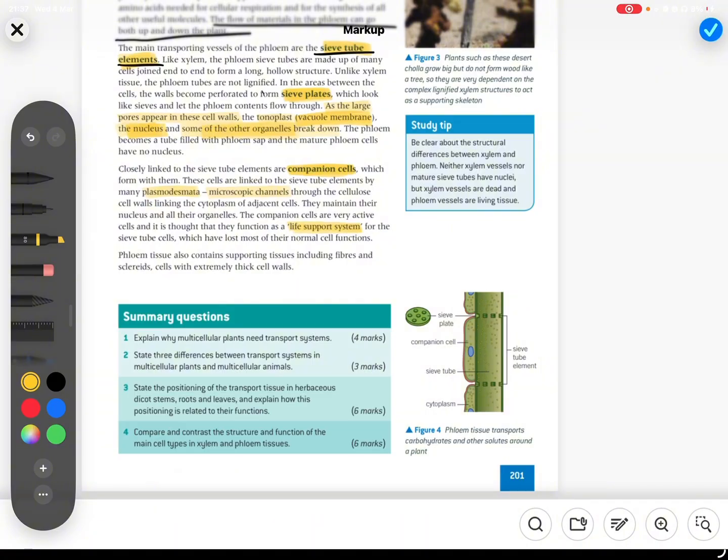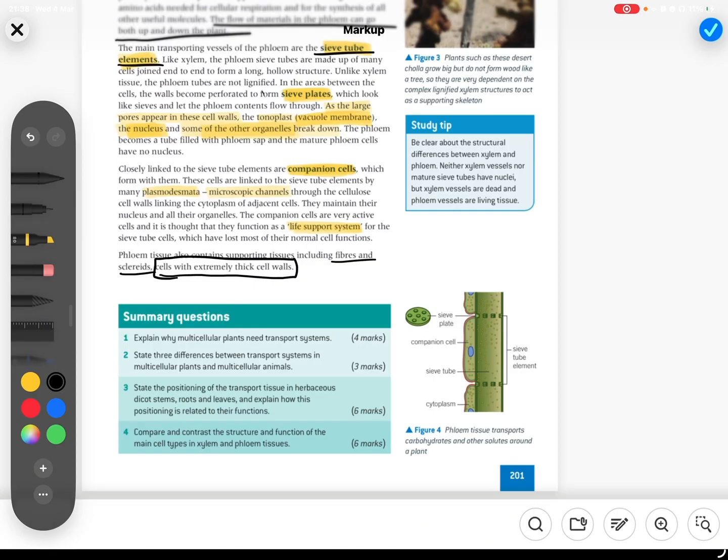Now, the final thing that you need to know is the other phloem tissues. They also contain supporting tissues, similar to the xylem. The xylem fibers are purely there to make it strong. Same in the phloem. They include fibers and sclereids. Simply, they are cells with extremely thick cell walls made of cellulose.